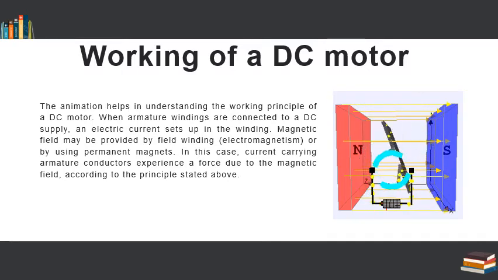In this case, the current carrying armature conductor experiences a force due to the magnetic field according to the principle stated above, meaning according to Faraday's law of electromagnetic induction.